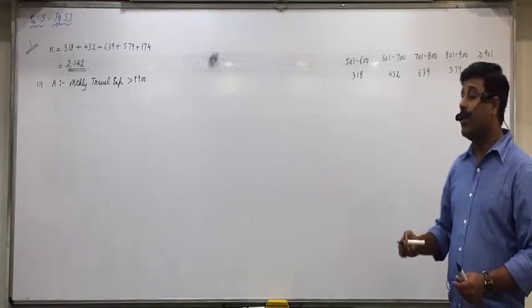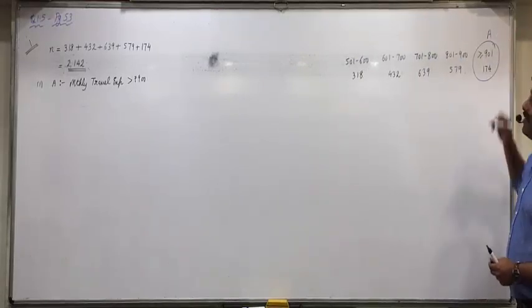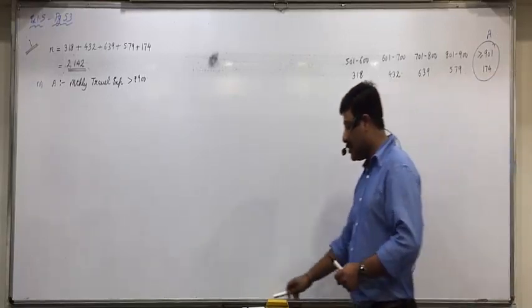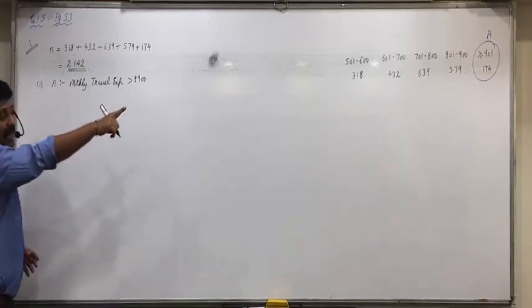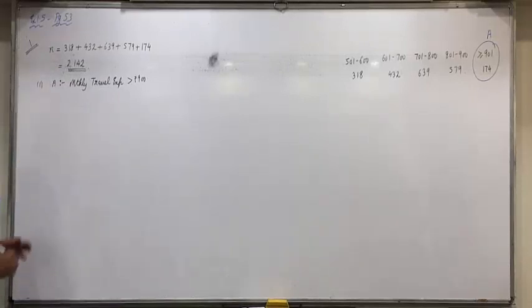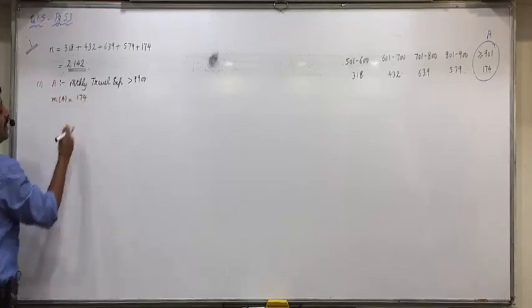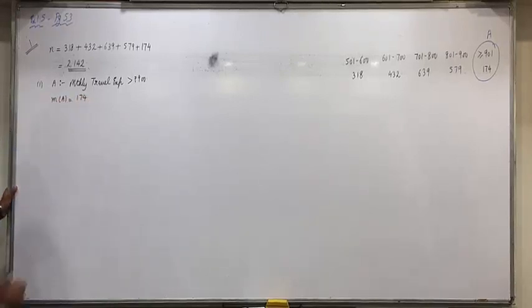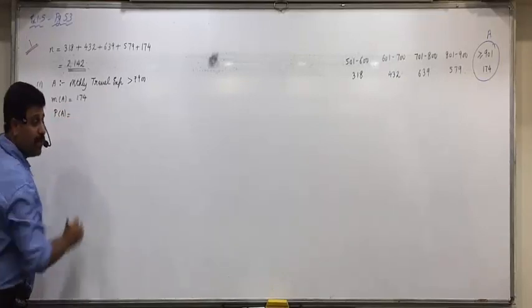Now see here, more than rupees 900 means, can I say 174 such travelers are there whose monthly expense is more than rupees 900. From that we have to select one traveler. So what will be M of event A? 174C1, that is 174. And what will be the probability of event A that the monthly travel expense is more than 900?